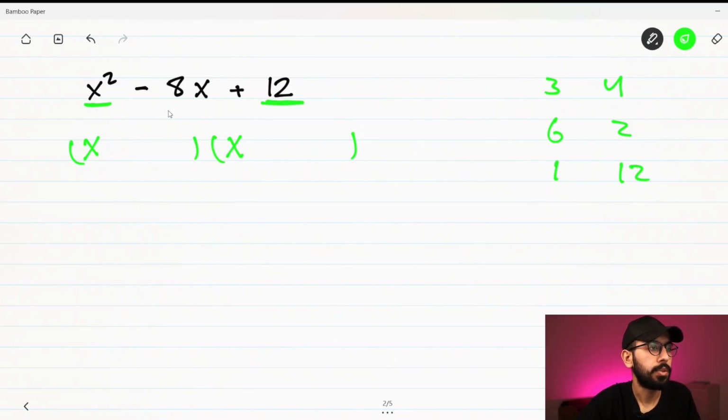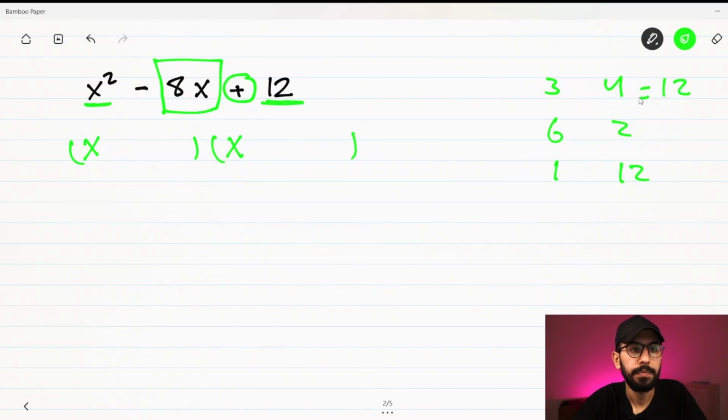But how do we know which numbers to use here? We need to look at the middle number, which is 8. That means we need the two numbers that multiplied give 12, and when added give 8. 3 and 4 multiplied give 12, but added they give 7, so this is not our result. 6 and 2 multiplied give 12, and added to each other give 8, so this is our answer.